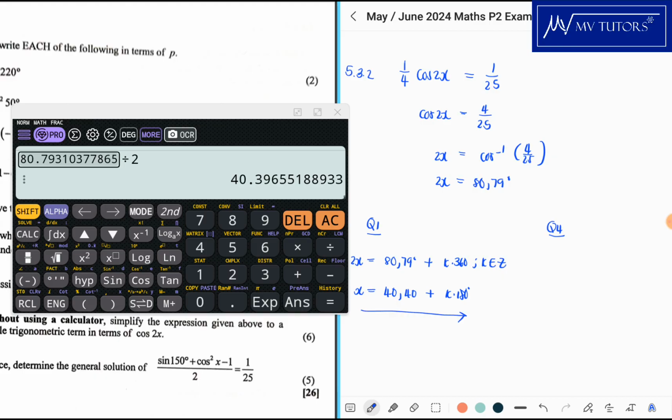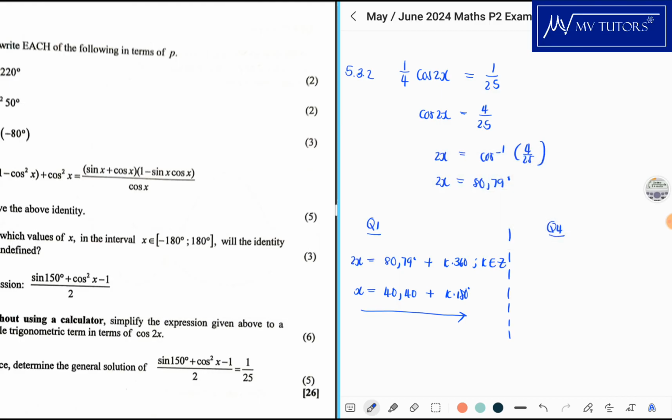And then quadrant 4. When you're in quadrant 4, you can either choose to say 360 minus the angle, plus k times 360, where k is an element of integers, or you can simply say negative the angle.